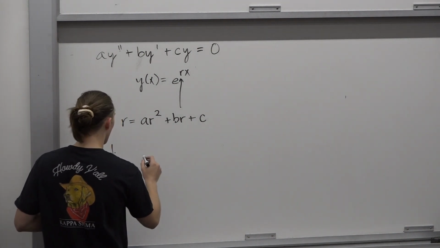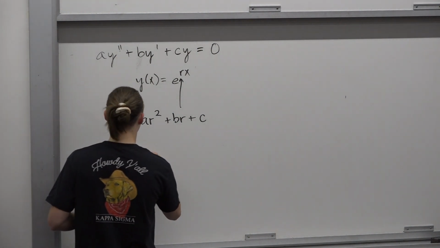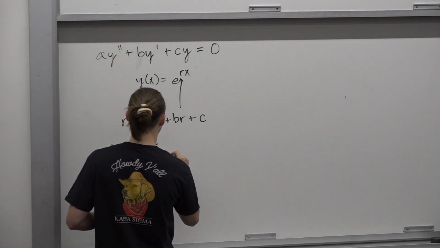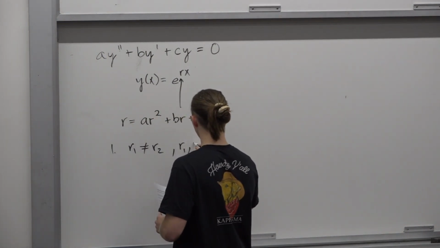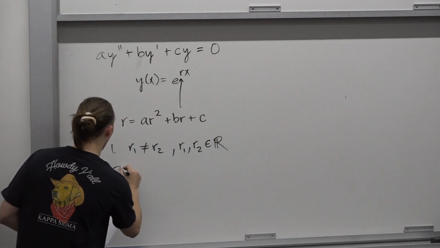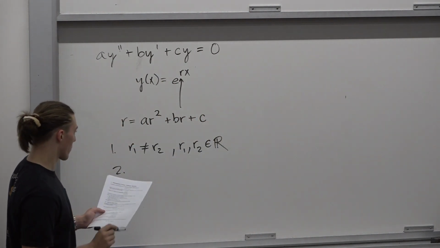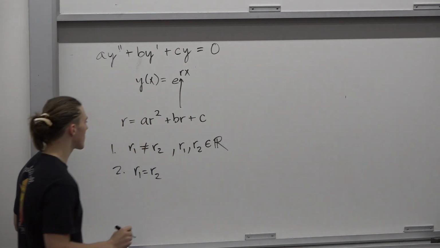We have two real and distinct roots, so r1 does not equal r2, and they're both real. Then we have one real root, so r1 equals r2.